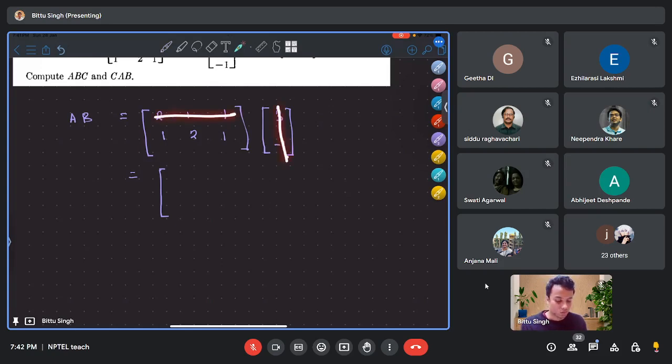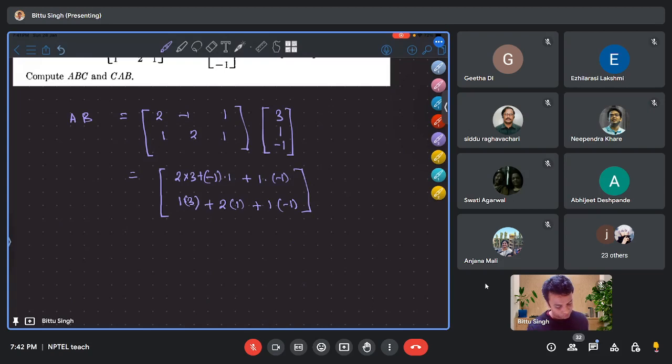Row times column. Okay. That is 2 times 3 plus minus 1 times 1 plus 1 times minus 1. The next row is 1 times 3 plus 2 times 1 plus 1 times minus 1.